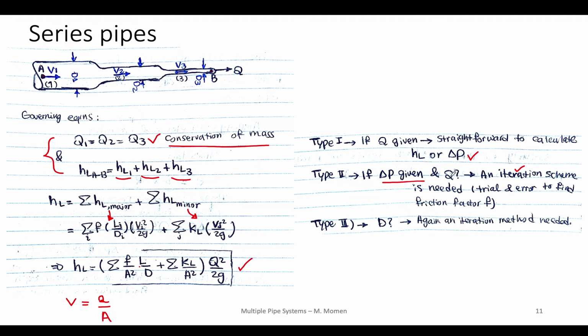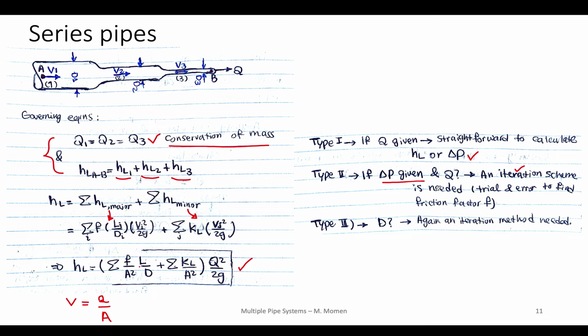In order to find the velocity, we need to have the energy equation. And for the energy equation, we need to know the friction factor to find the head loss. And for the friction factor, we need the Reynolds number, which is dependent on velocity.